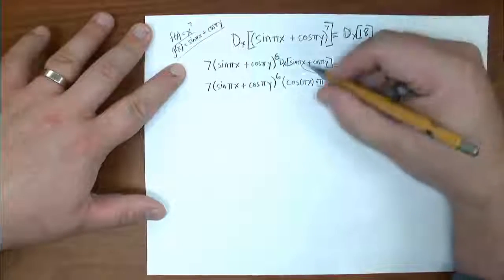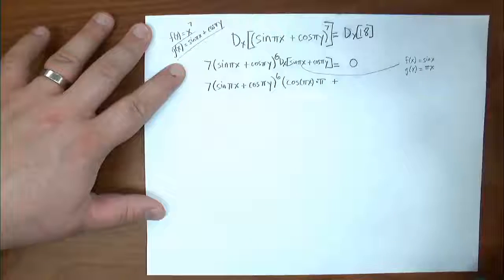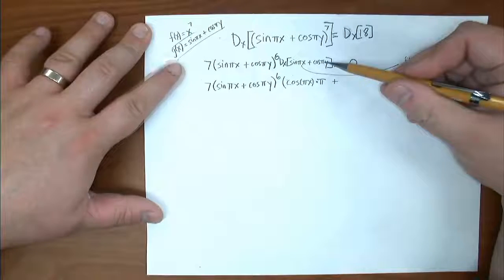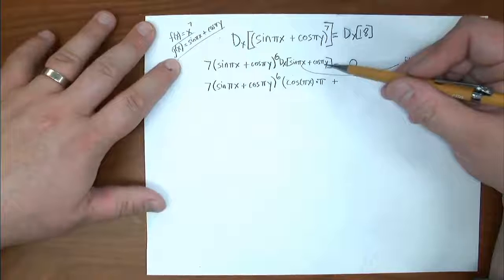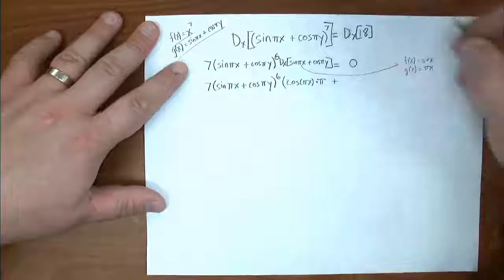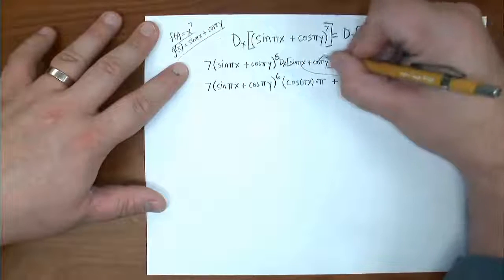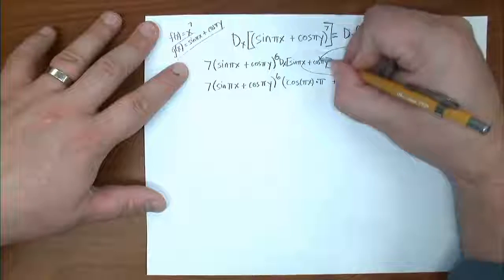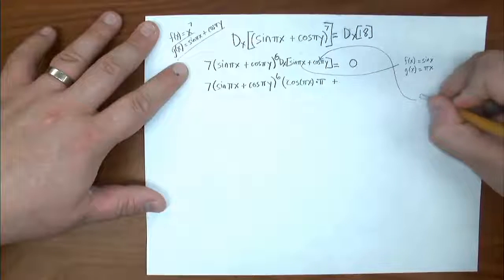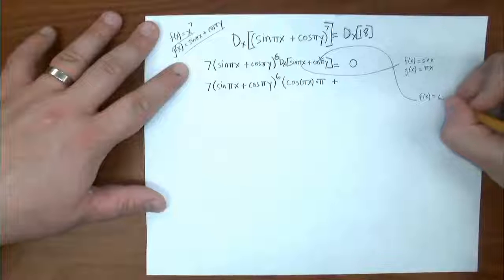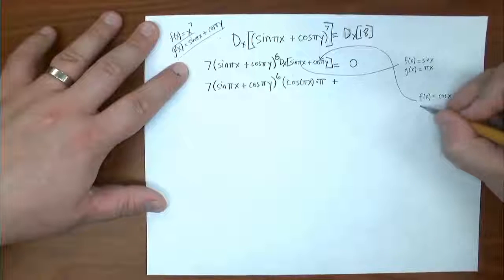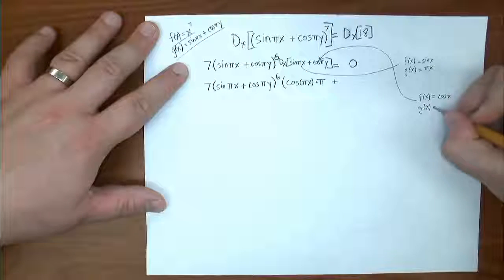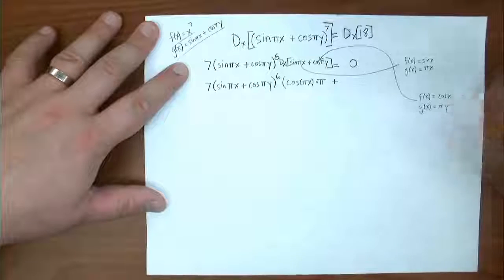Okay, that's the first half, plus, let's do the same thing here. The derivative of, well, first of all, let's look at outside, inside. The outside function, f of x, is cosine x, and the inside function, we'll call it g, is pi y.